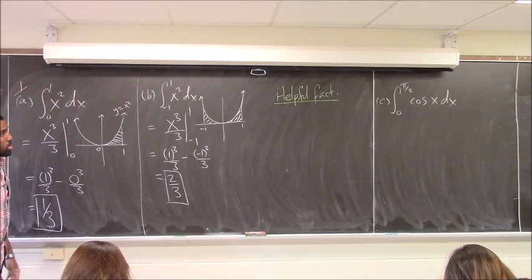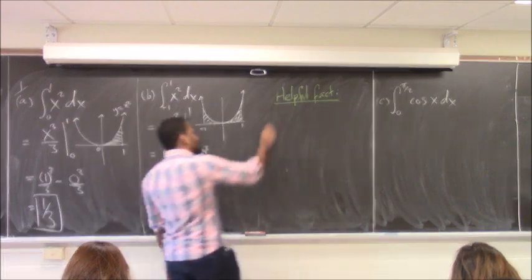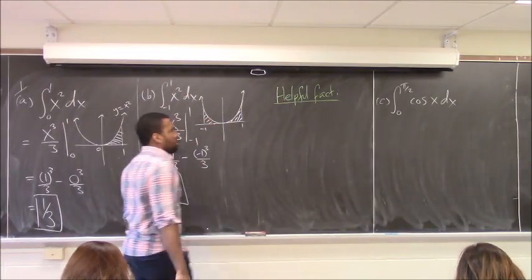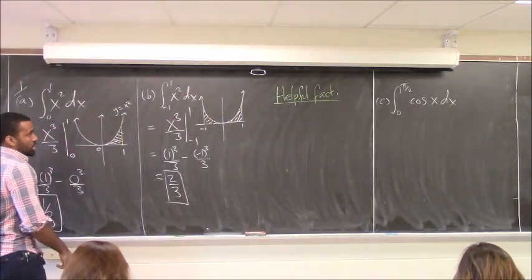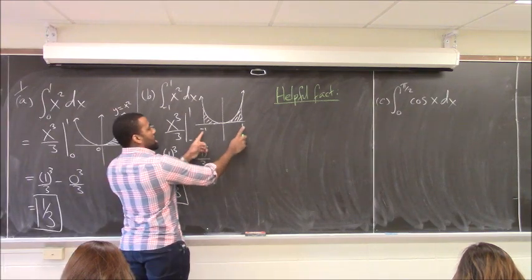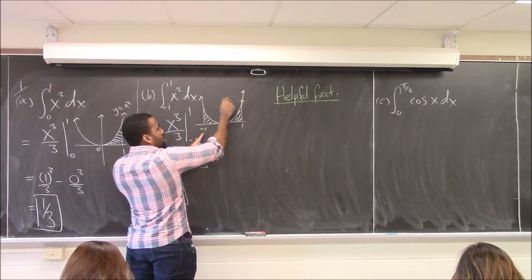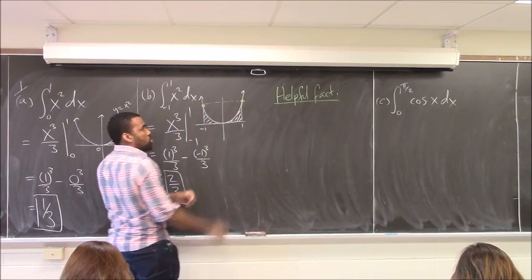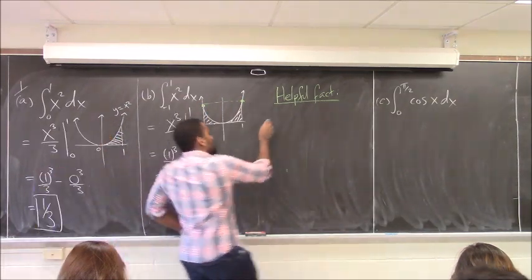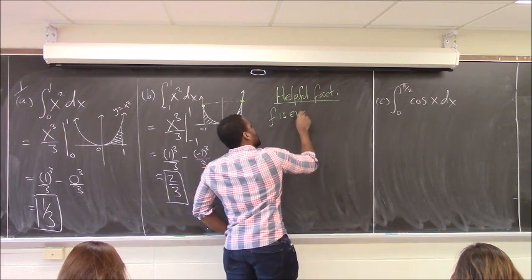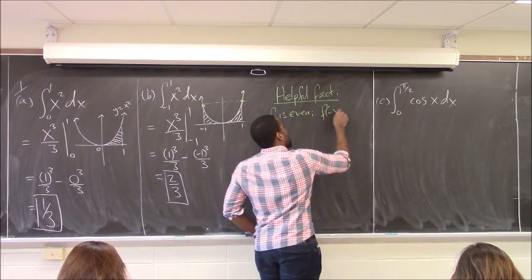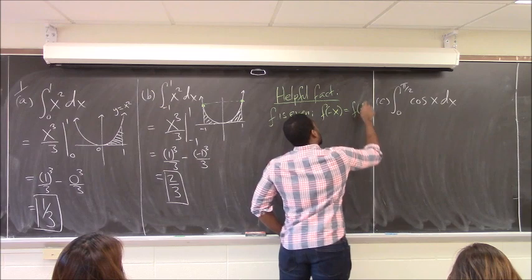You might remember that x squared is an even function. We looked at even functions very briefly a long time ago. If you have a y value for one x value, its negative x value will give you the same y value. So f is even means f of negative x equals f of x.